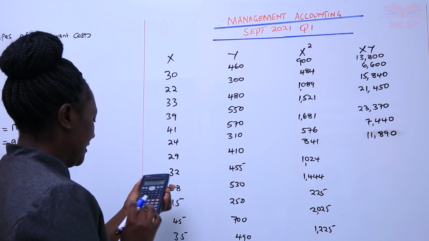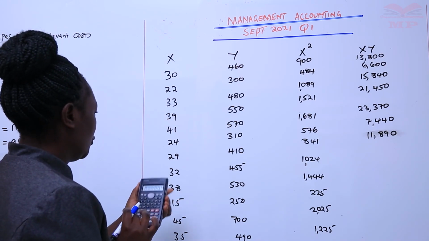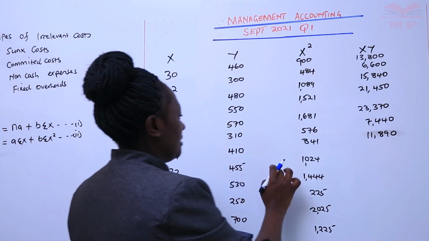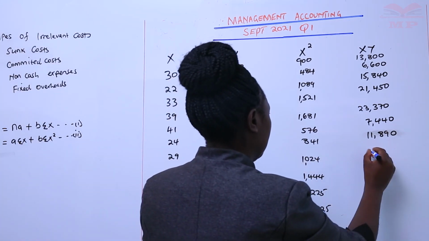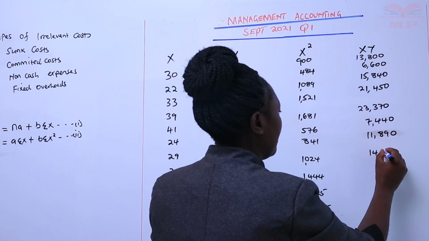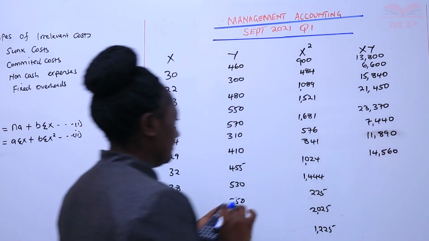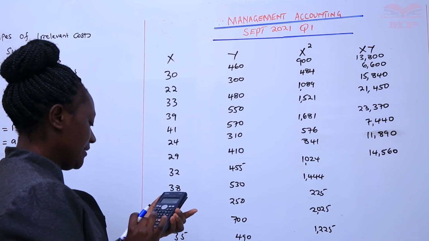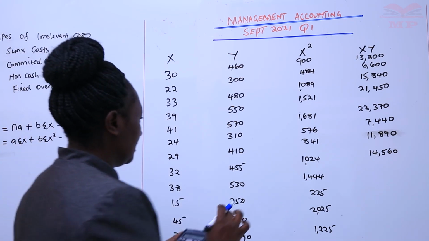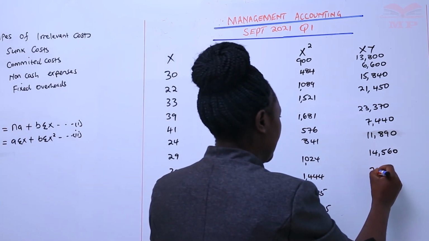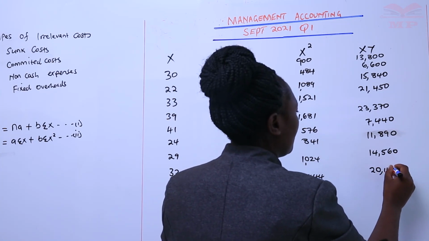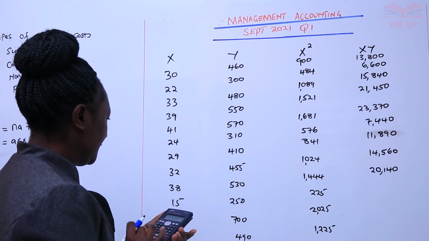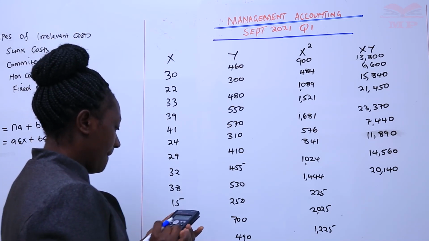Then we have 32 multiplied by 455, which will give us 14,560. Then next is 38 multiplied by 530, which will give us 20,140. The next one is 15 times 250.